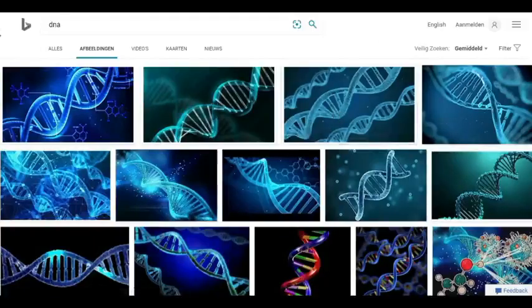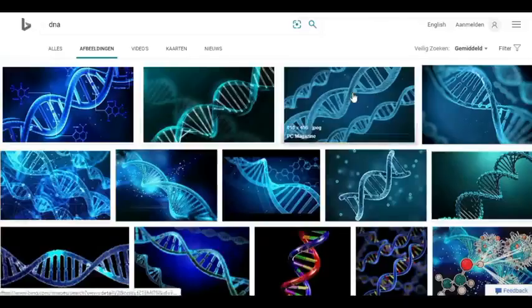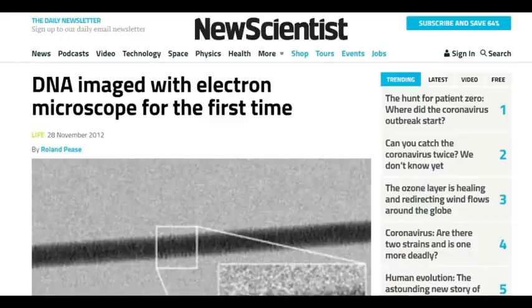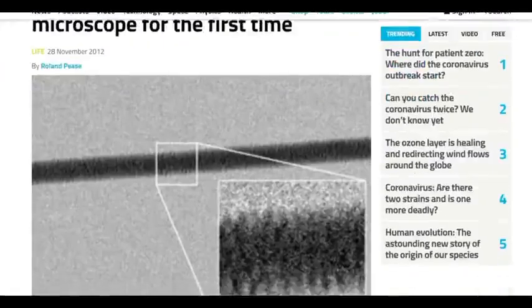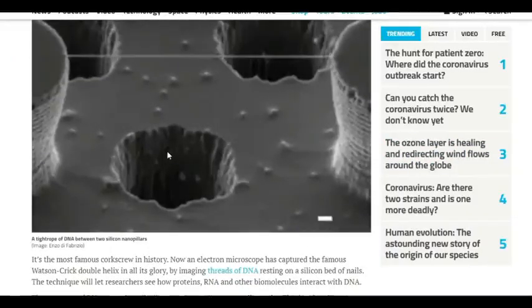And what about DNA? That all looks CGI to me. DNA image with electron microscope for the first time. Maybe those holes came into this DNA because of the vacuum and the high temperatures.